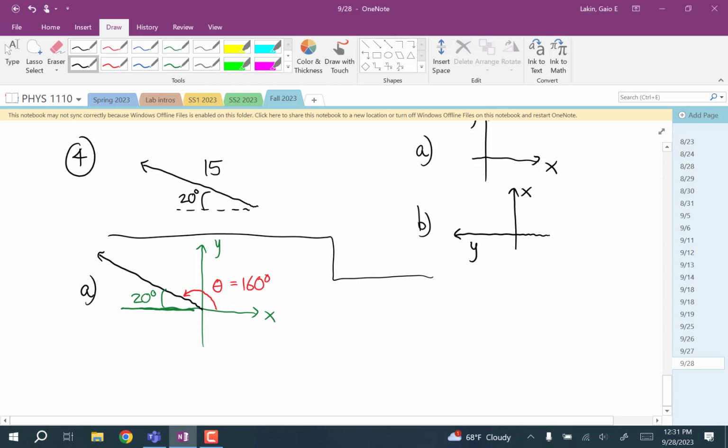And so you have 15 times the cosine of 160, 15 times the sine of 160. And that gives you negative 14.10, positive 5.13.